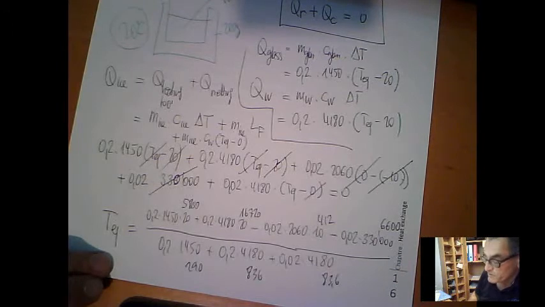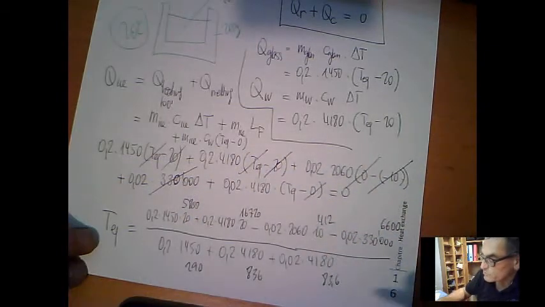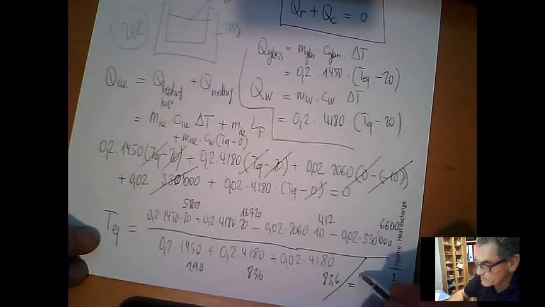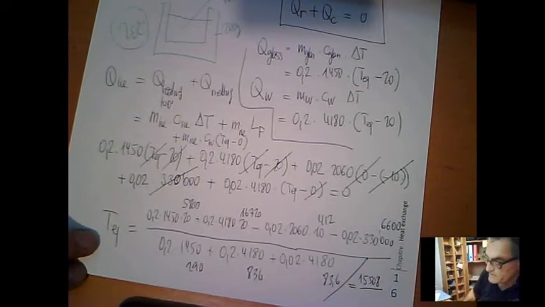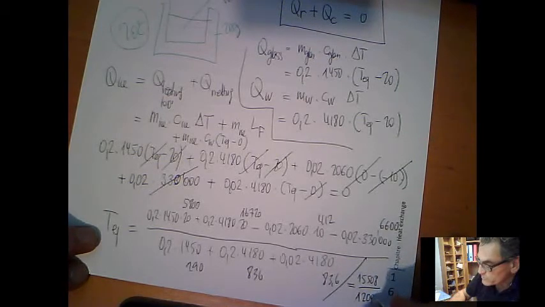5,800 plus 16,720 minus 412 minus 6,600. And so this gives us, I will write it down here, 15,508 divided by 290 plus 836 plus 83.6, and that's 1,209.6.